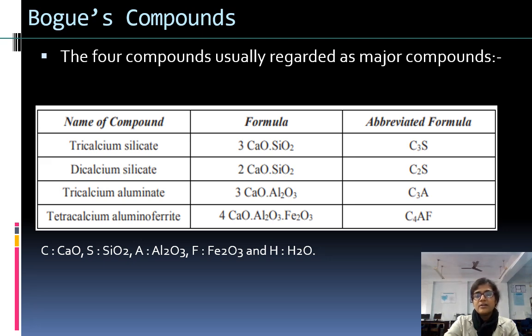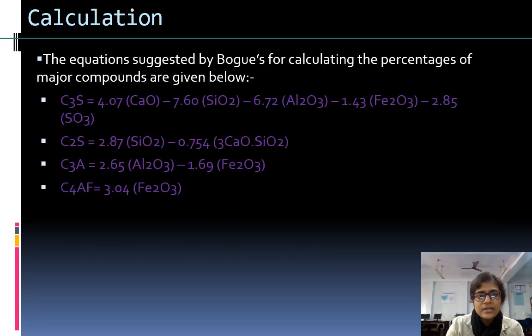These are the chemical formulas and these are the abbreviated formulas, and these four compounds are the major compounds, known as Bogue compounds. Here C stands for CaO, S stands for SiO2, A stands for Al2O3, F stands for Fe2O3, and H is H2O. So this is very important.